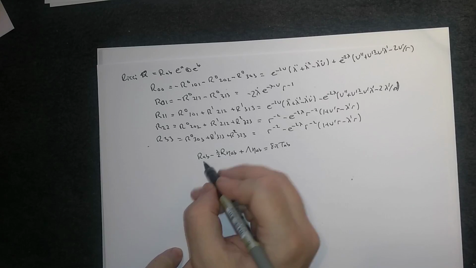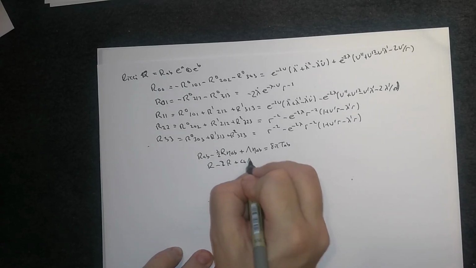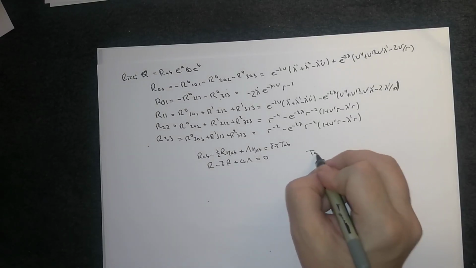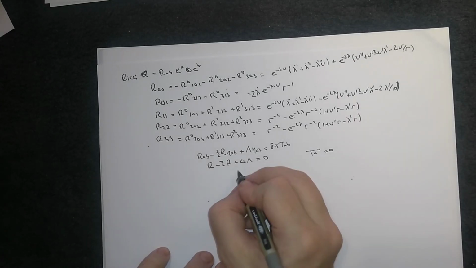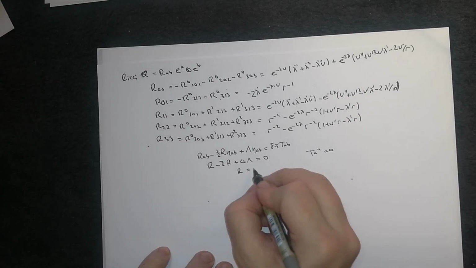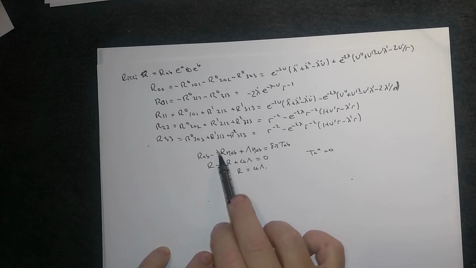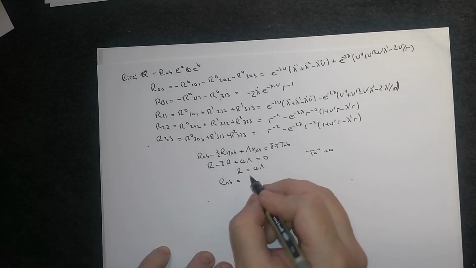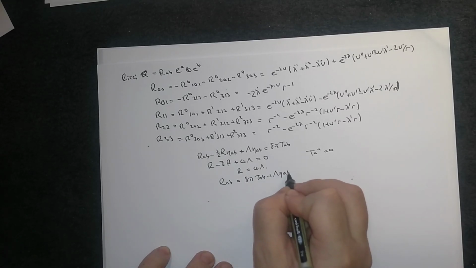If we contract on A and B, you get R minus 2R plus 4 lambda is 0, since the stress tensor is traceless. So R is equal to 4 lambda. Substitute that into here and move over the side, and R_AB is 8 pi T_AB plus lambda e_AB.